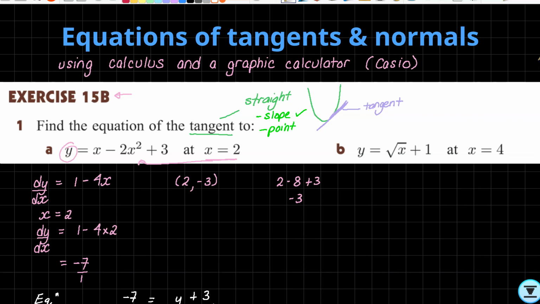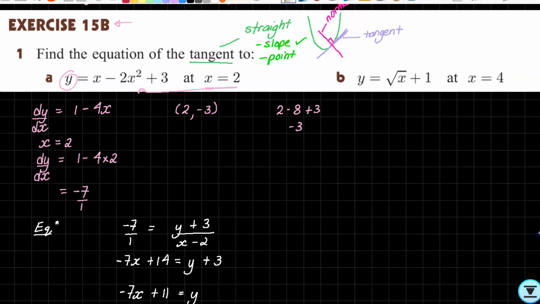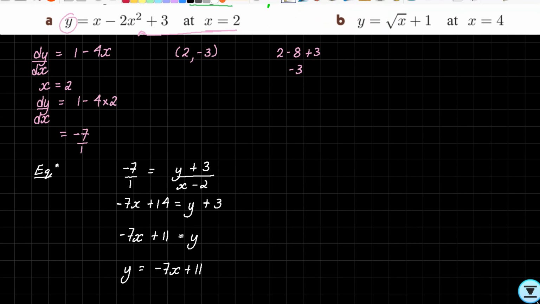This exercise will also ask you to find the equation of the normal. Now the normal is perpendicular to your tangent. Okay, so we've done all the hard work here.